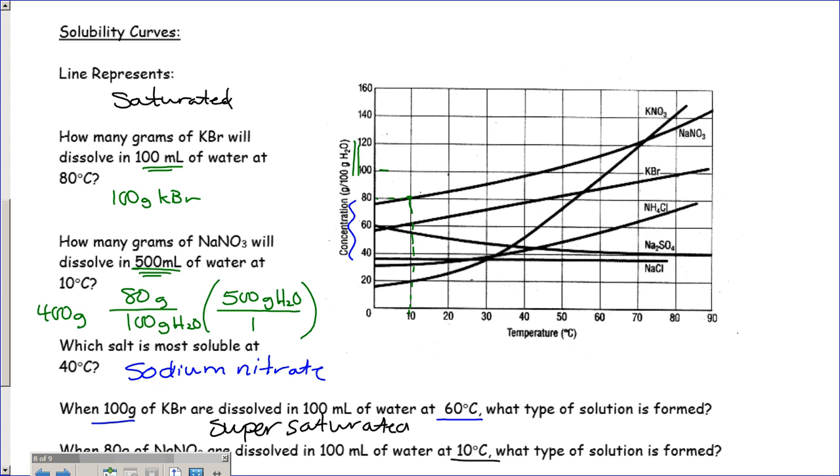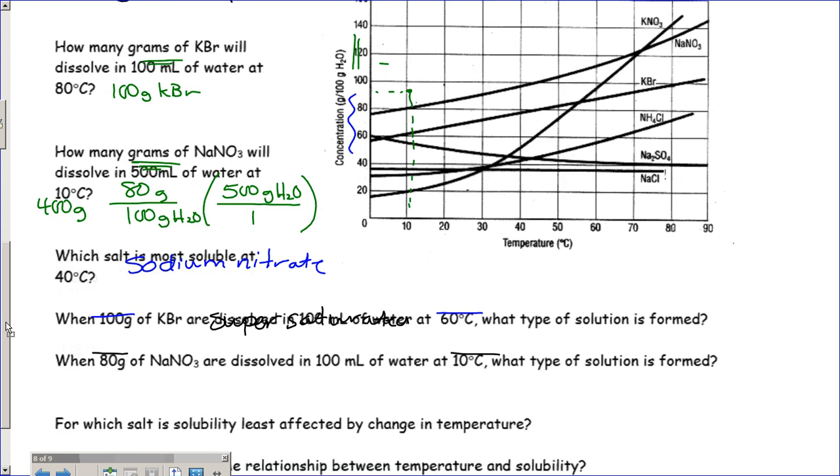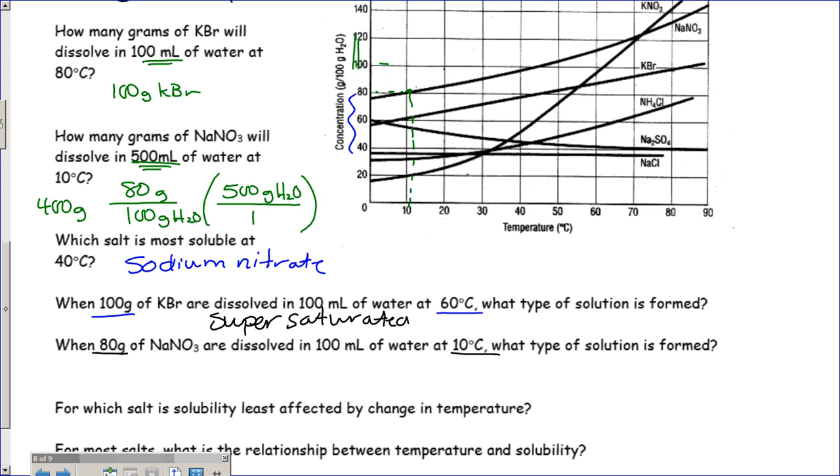There's the point where the two intersect, and we're going to find the line for sodium nitrate. The solubility curve for sodium nitrate is this curve here. So we can see that that is right on the line. So we would say that this solution is saturated.